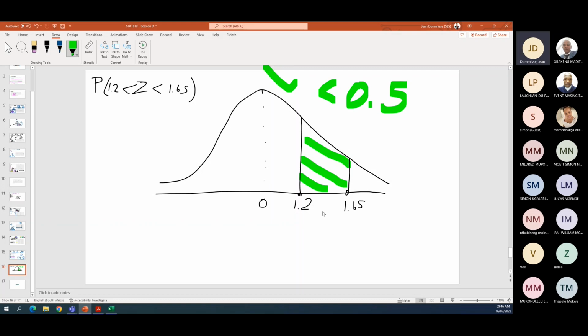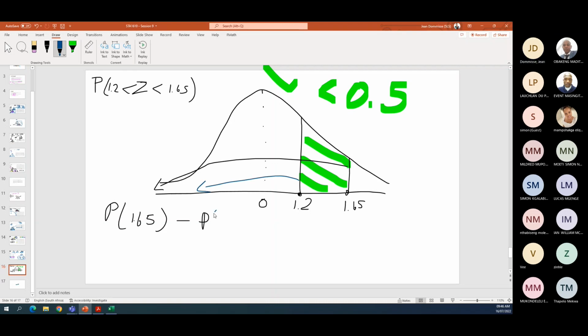You will need to work out the probability of 1.65, and then subtract the probability that you work out for the 1.2.